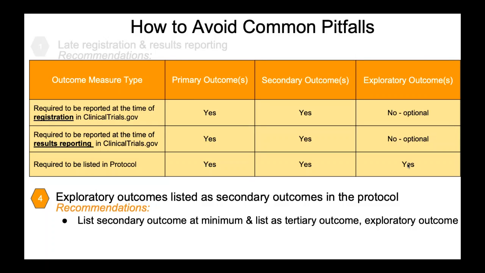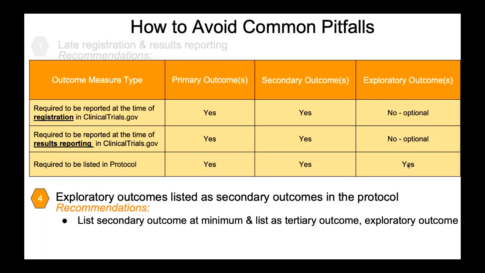And also, by NIH's definition, secondary outcomes are outcomes that may or may not be related to the primary outcome, which investigators are interested in and committed to measure. But the study is not necessarily powered for the secondary outcome.